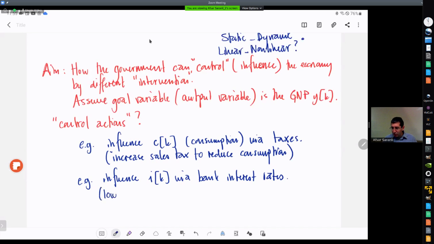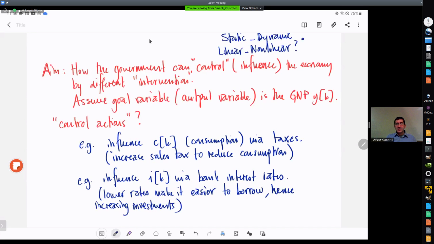Also, if you lower rates, you also make it easier to borrow, hence increasing investments, this time the companies' investments.